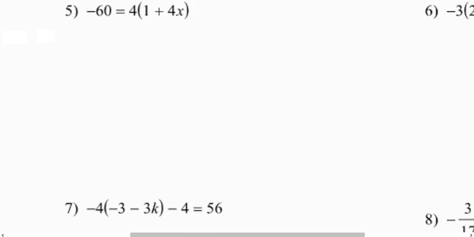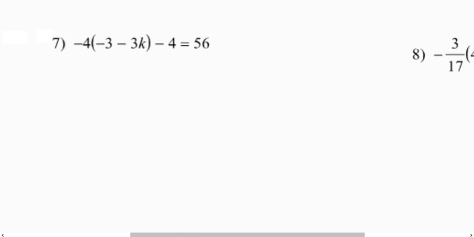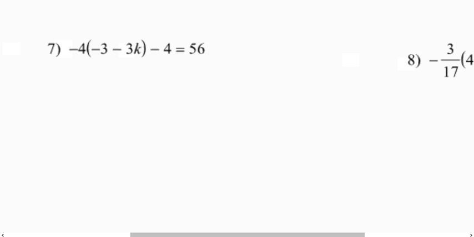All right, let's try another one of those. Okay, this one's a little bit different because if you'll notice, I have this negative 4 hanging out here outside of the parentheses. Because it's outside of the parentheses, it's not going to have anything to do with this negative 4 right here. He's kind of just hanging out waiting to see what happens with the other stuff in front.